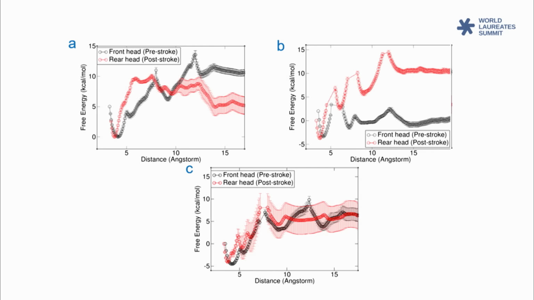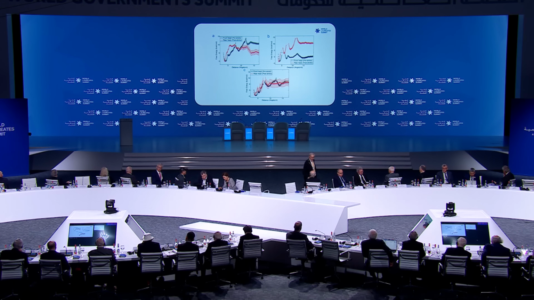We studied the ADP release rate-limiting step, and we looked for the barrier, as you see. In some cases, the barrier for the mutant is higher. In other cases, it's lower. And in the last case, it just stops.